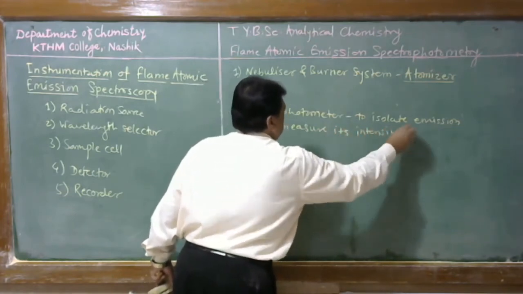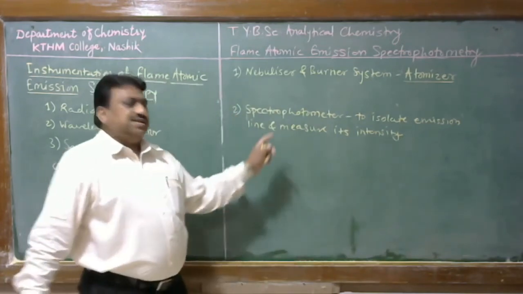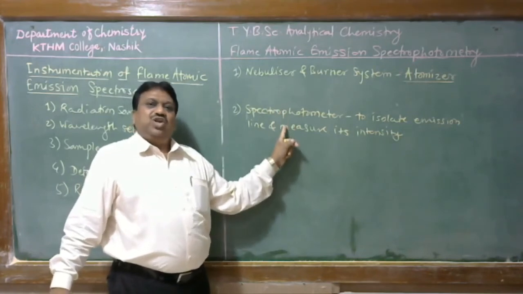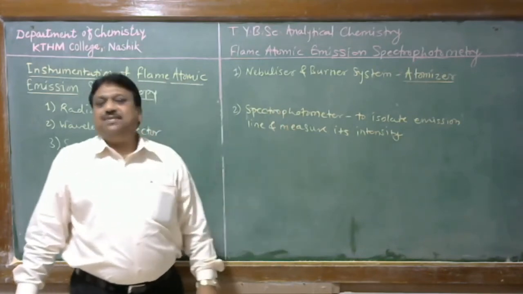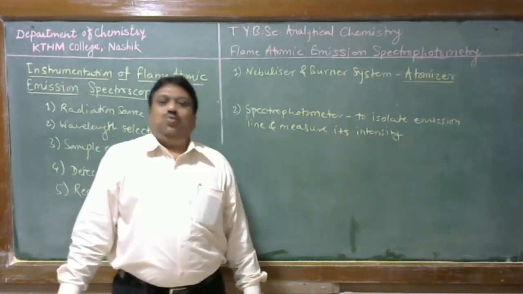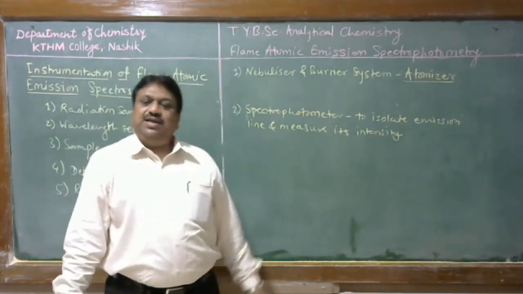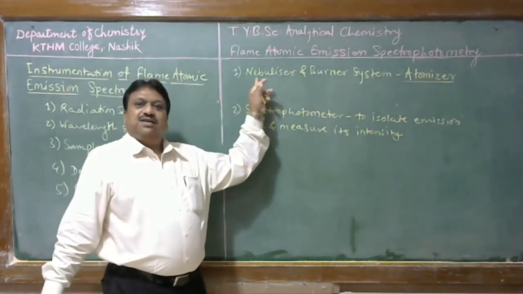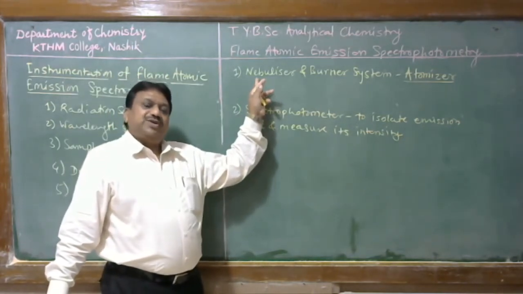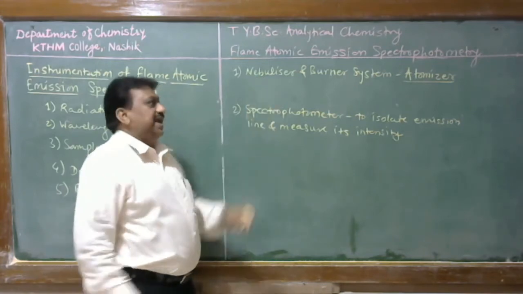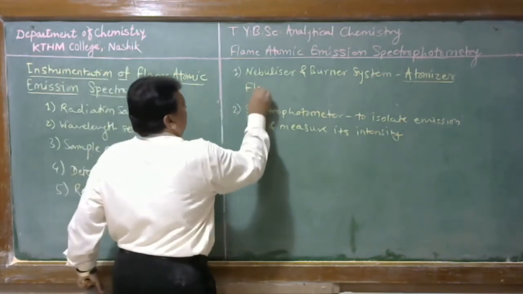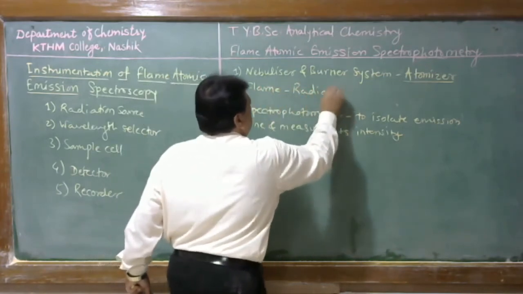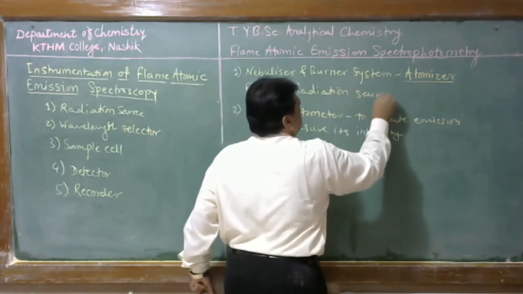Therefore, if we compare the instrumentation of flame emission spectroscopy with molecular absorption spectroscopy, we can replace the sample compartment with the flame, and then we have a flame spectrophotometer. In flame atomic emission spectroscopy, the flame itself acts as a radiation source. Therefore, the flame is a radiation source as well as a sample cell.